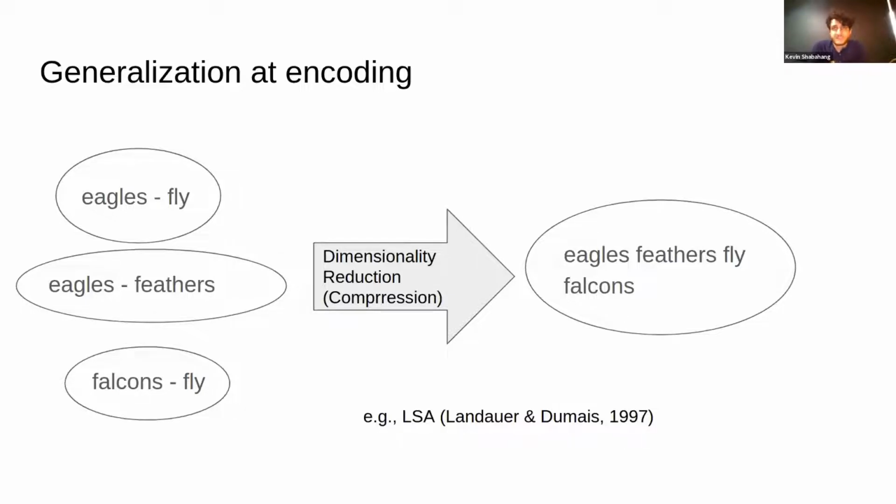So in the resulting dimensionality reduced compressed space, two words such as eagles and falcons that never occur together in the same context will be brought together in their similarity, in their representation, because they both occur with the same word, say fly, for instance.